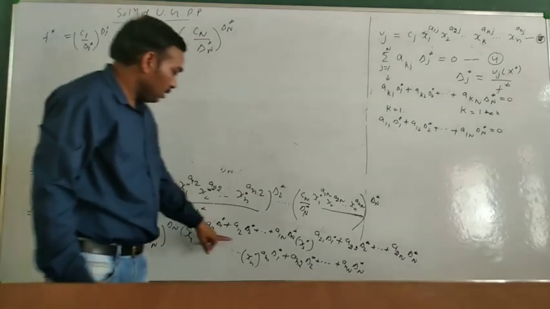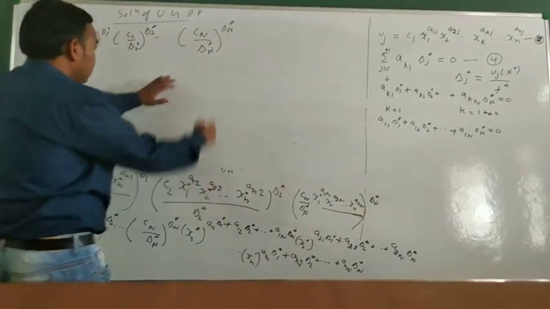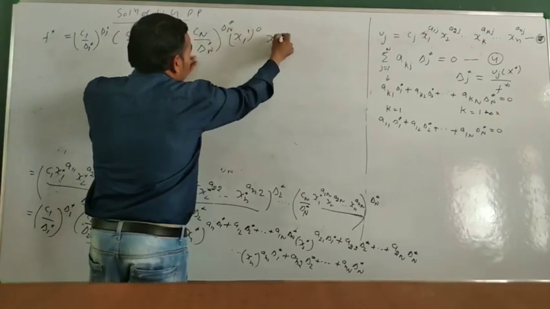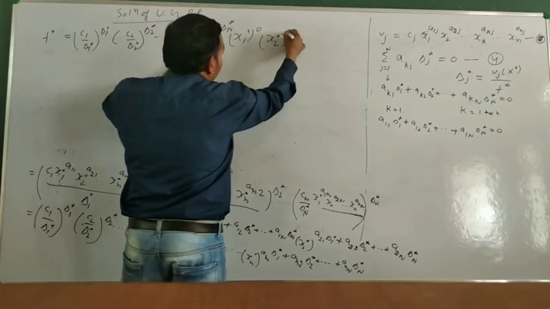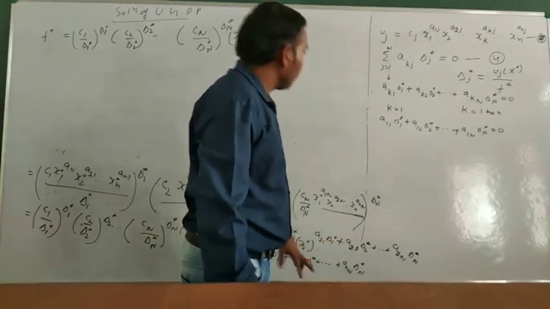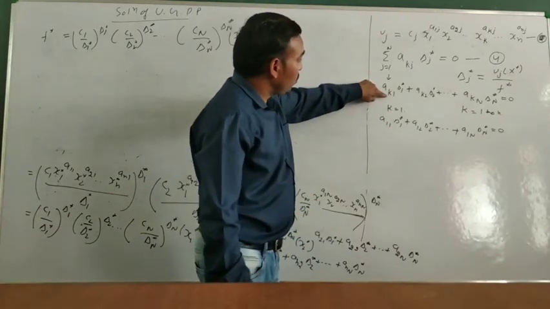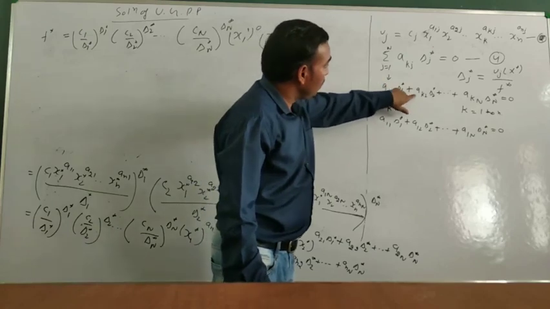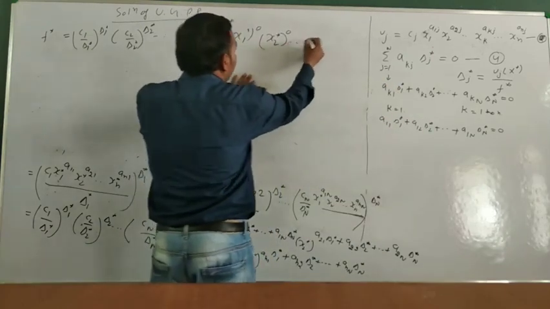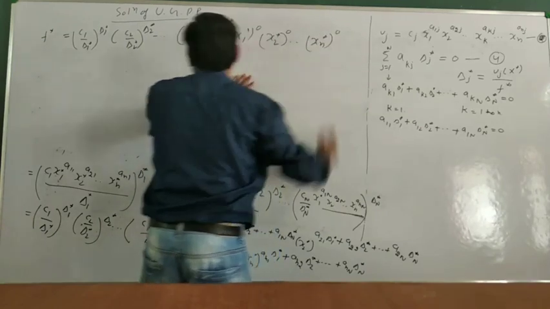And this becomes 0 as already shown, means x1 star to the power 0, x2 star to the power 0, and you see here a21 del 1, a22 del 2 star, write k equal to 2, a21 del 1 star plus a22 and so on, up to xn star 0.